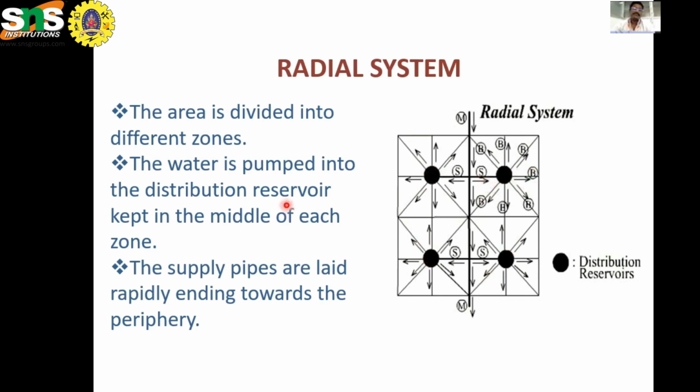The water is pumped into the distribution reservoir kept in the middle of each zone. So we identify a central place of each zone, and from there the water will be supplied in such a way that equal distribution takes place. The supply pipes are laid radially, ending towards the periphery of the city.